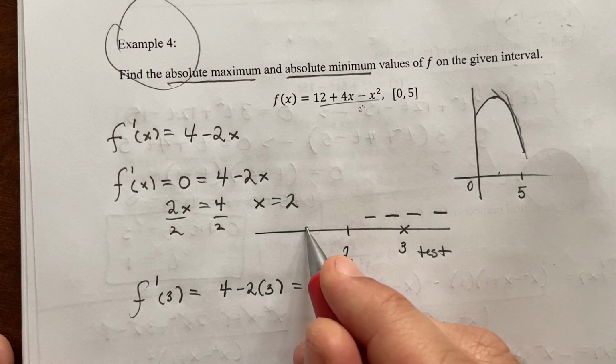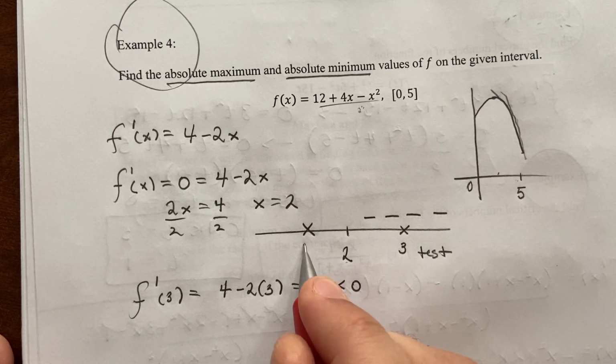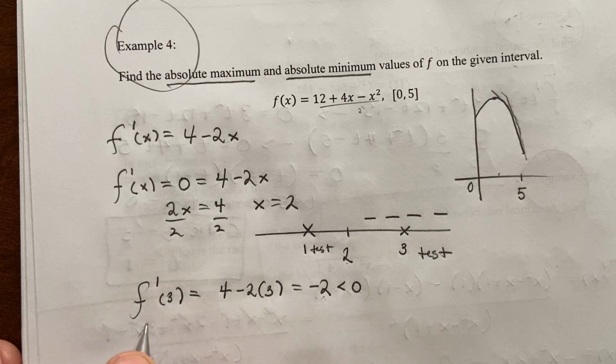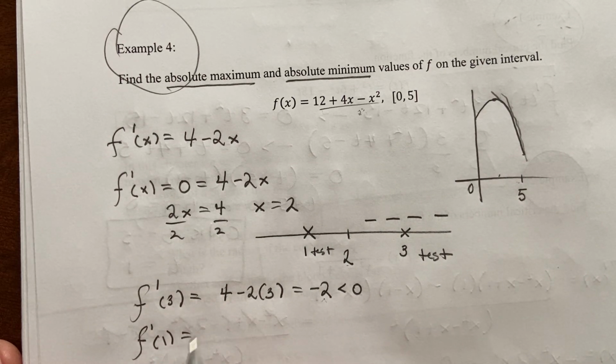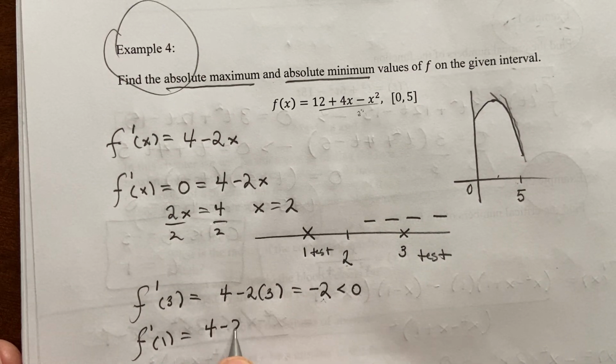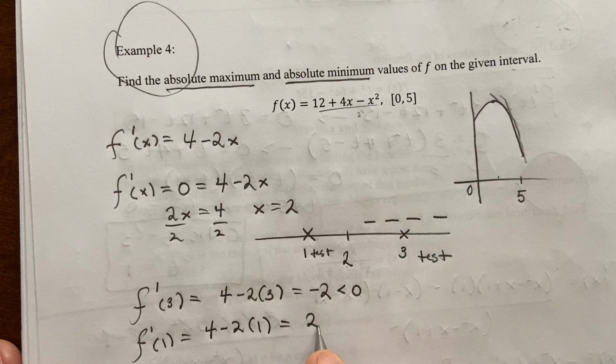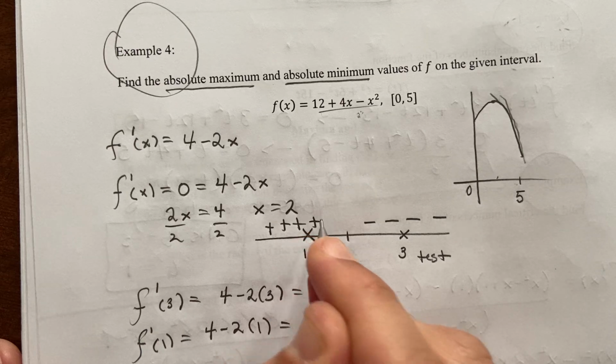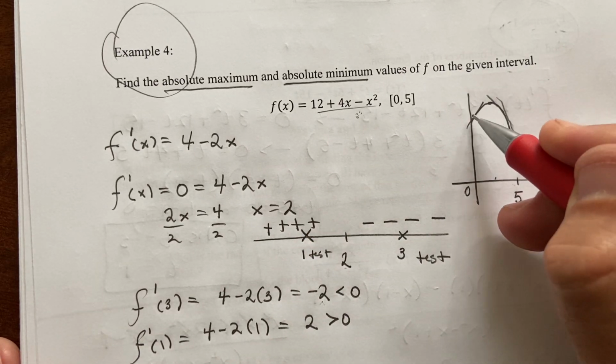If I test on the left, maybe over here at 1, f prime of 1 is 4 minus 2 times 1. That is 2, which is greater than 0. So on the left, I have these positives, that positive or that positive.